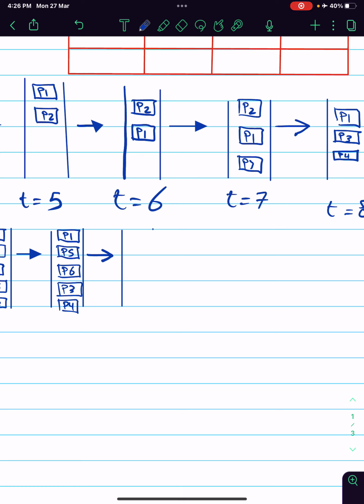Here, P1 leaves, and now you have P5, then P6, then, that's not a 7, that's a 3, right? Sorry. Here, P3, and then P4.